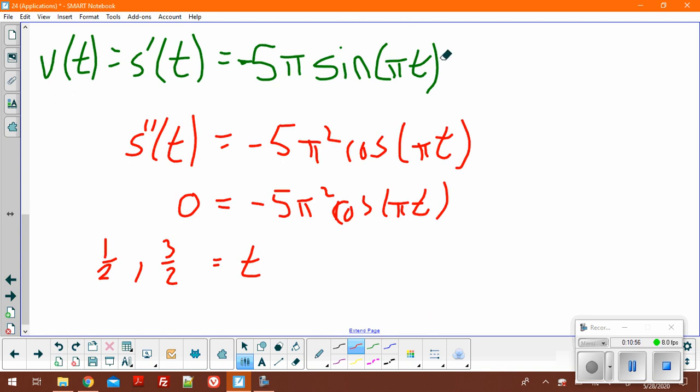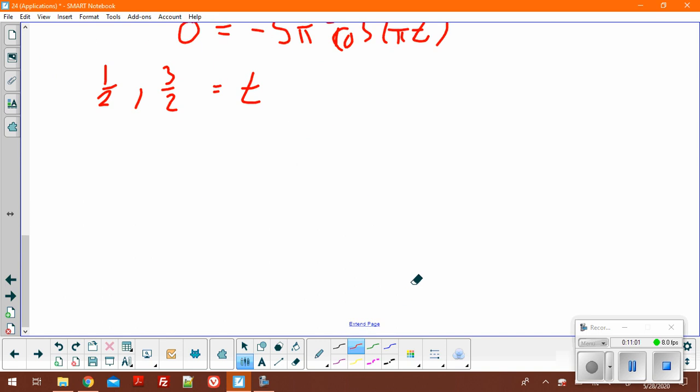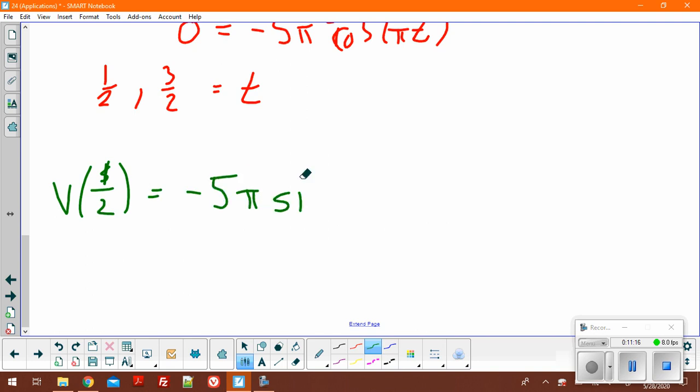So plugging it back in to my speed function, v of 1/2 is equal to -5 pi sine of pi times that, so that's pi over 2. My largest velocity in terms of negative is -5 pi.